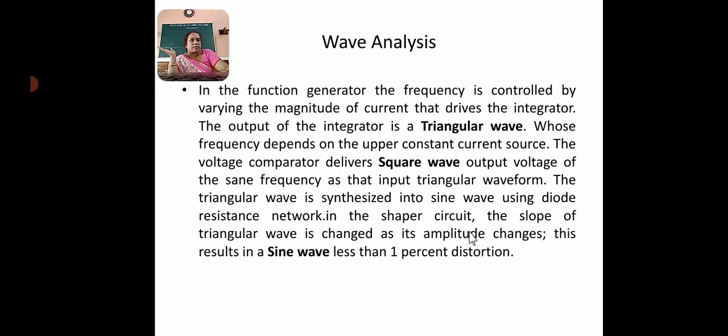In the shaper circuit, the slope of the triangular wave is changed as its amplitude changes. This results in a sine wave with less than 1% distortion. So in this way triangular wave, square wave and sine waves are generated by using the function generator.